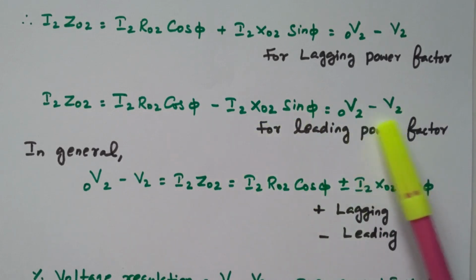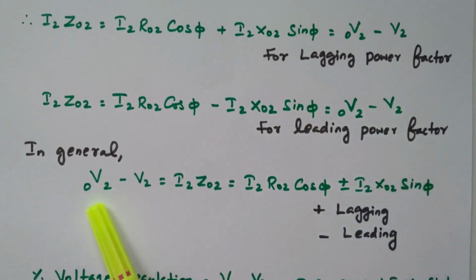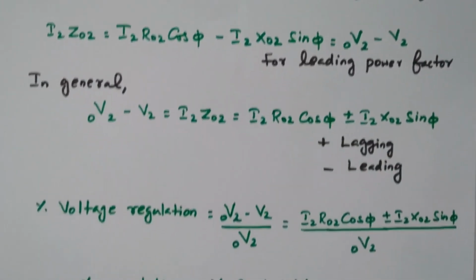So that is the regulation, no load to full load value. In general, I2 Z02 equals I2 R02 cos φ plus or minus I2 X02 sin φ. The plus represents lagging, minus represents leading.